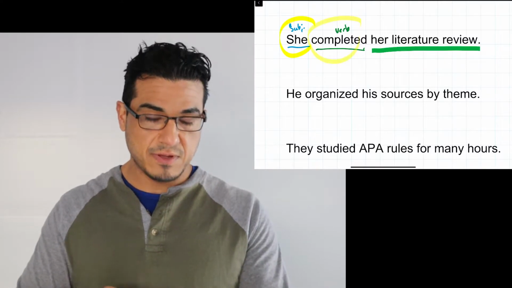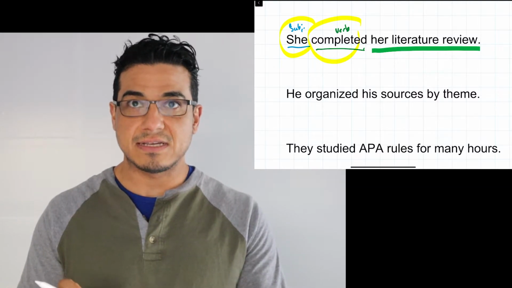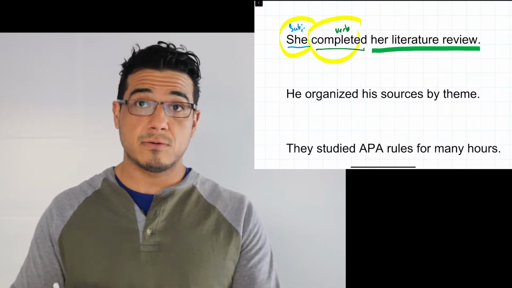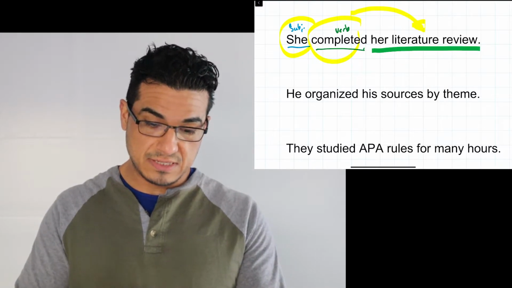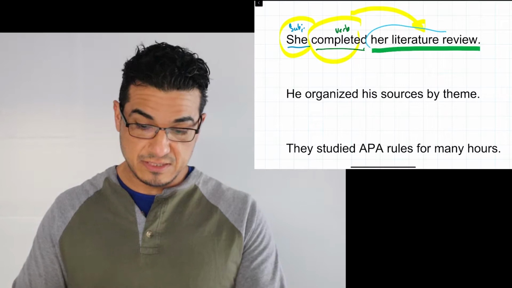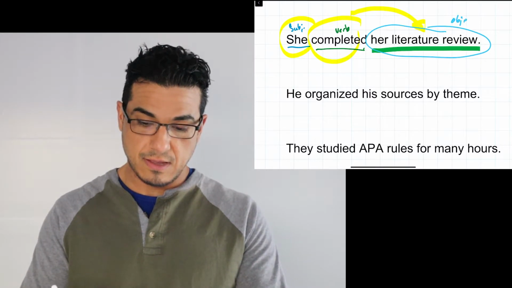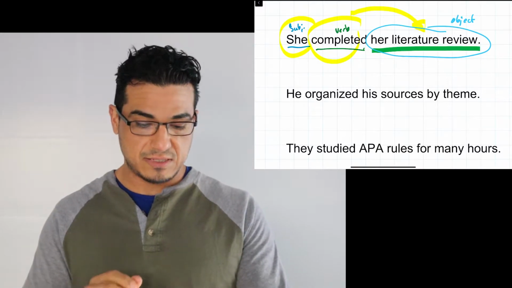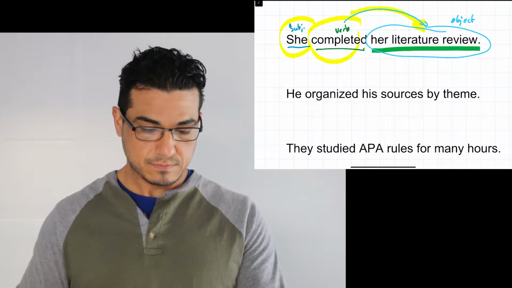You've got the verb. However, a verb acts on what are known as objects in a sentence. In this case, her literature review is what was completed. And so you would call this part of the predicate the object of the verb, right? It's being impacted directly by the verb.